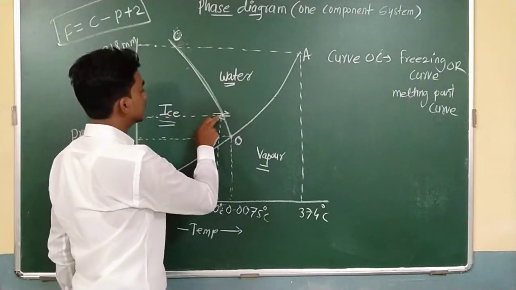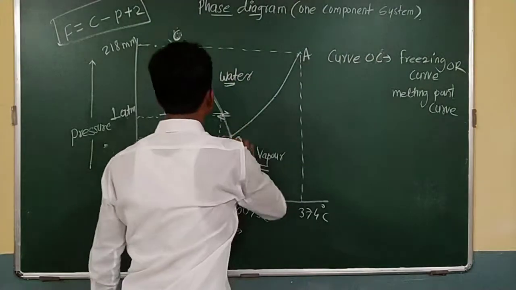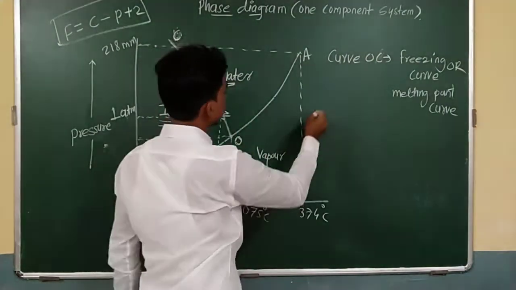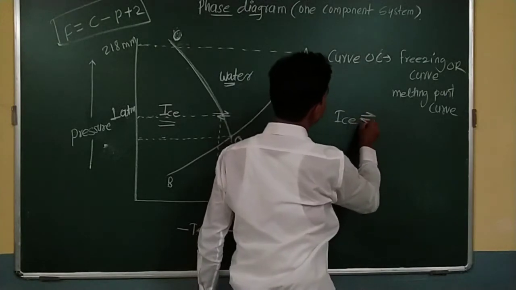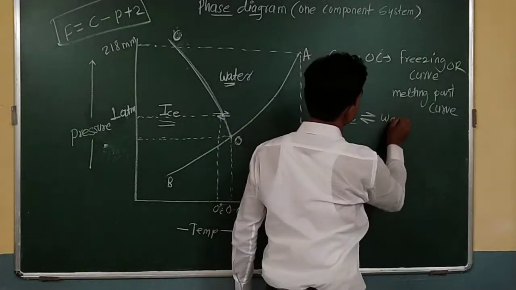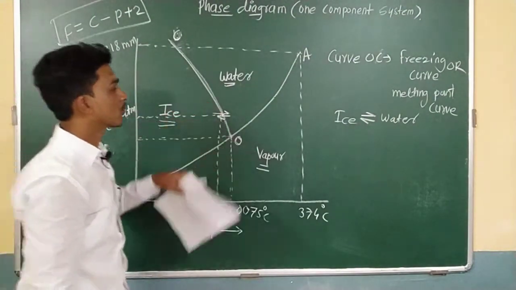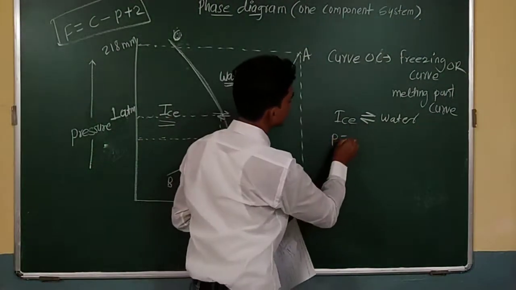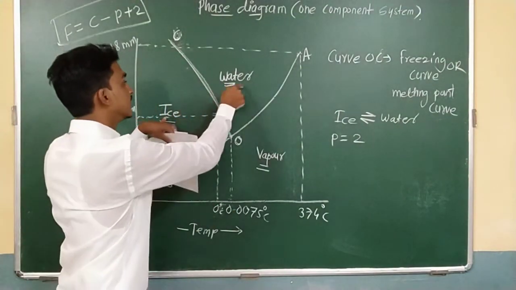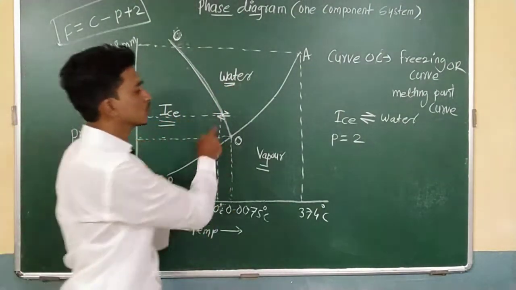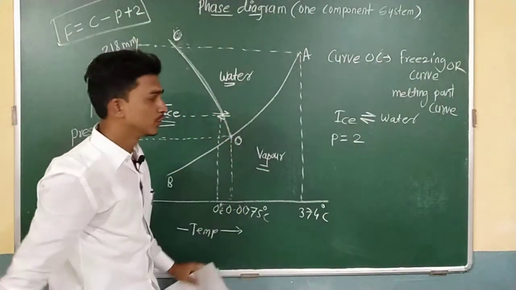The ice is in equilibrium with water, that means the curve O and C indicates the equilibrium between ice and water in liquid form. How many phases are present? Only 2 phases. Ice is solid and water is in liquid form, so the number of phases is only 2.